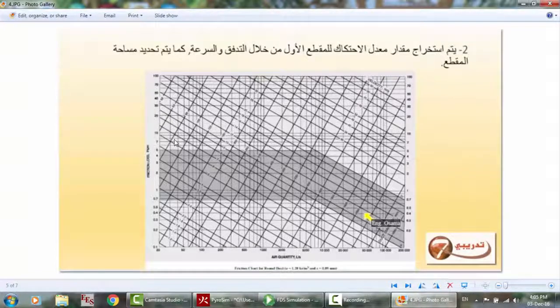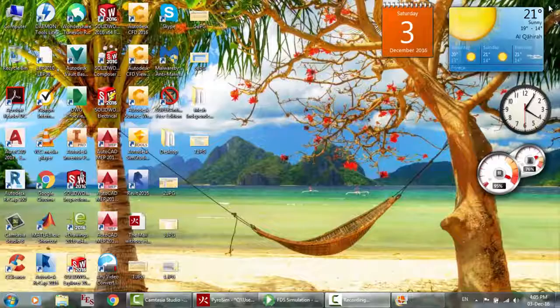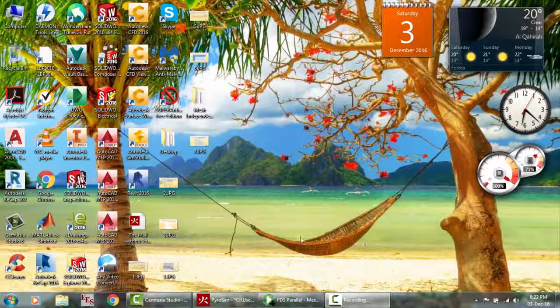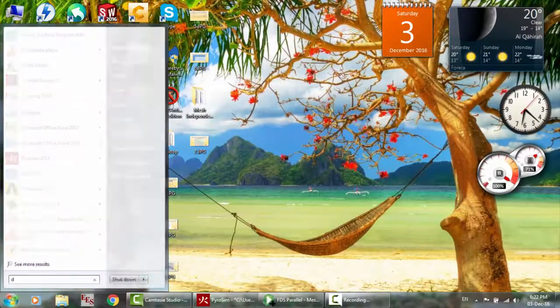If it's very big or large, you have to make a compromise between your selection and the cost. You have to recalculate and check everything so as not to be in trouble or have a problem in the design process. Okay, let's open DuctMate.